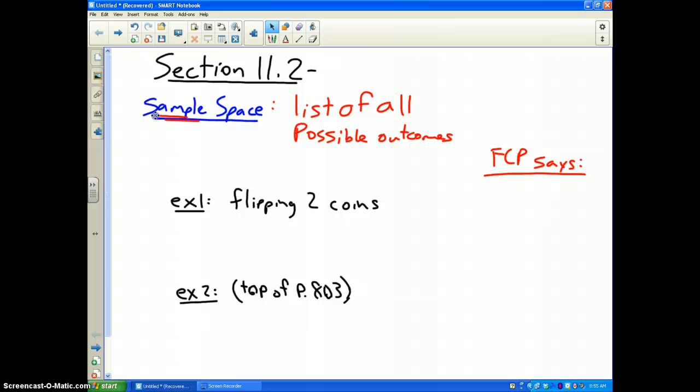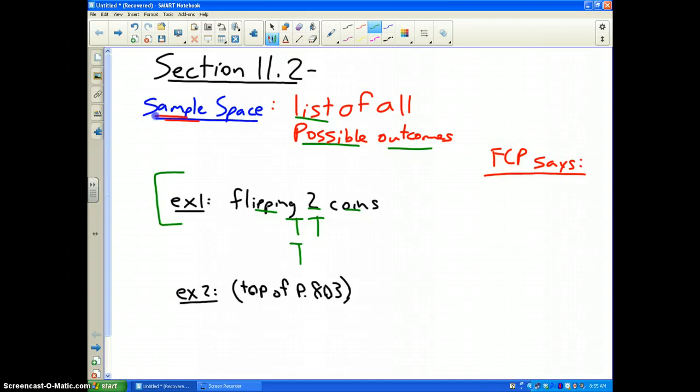For example, let's talk about flipping two coins. Very simple example. If I wanted to list the sample space, I would need to list all the possible outcomes when I flip two coins. Well, that's pretty easy. The first coin could be tails and the second coin could be tails. That's one possible outcome. Well, what else could happen?